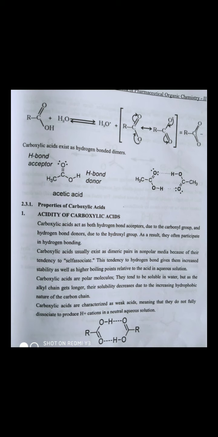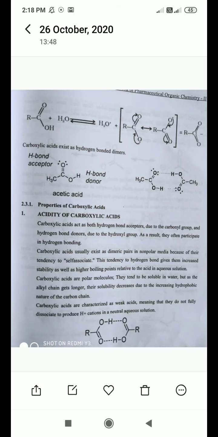In the carboxylate ion, R single bond C, then C double bond O, and then C single bond O. It is the first resonance structure of the carboxylate ion. What happens in it? One bond from the carbon-oxygen double bond of the carbonyl group is shifted towards the oxygen, and the second oxygen atom is bonded to carbon through a single bond.